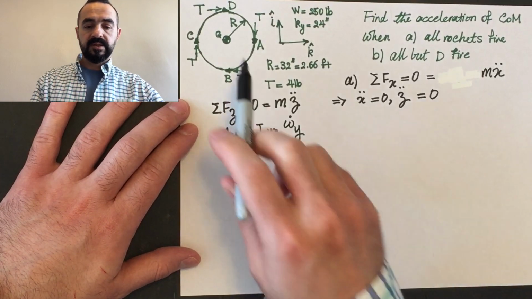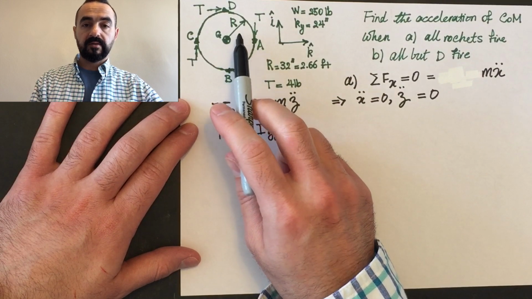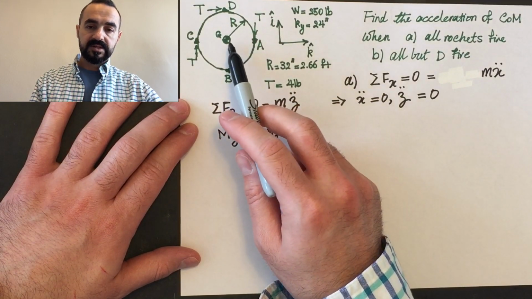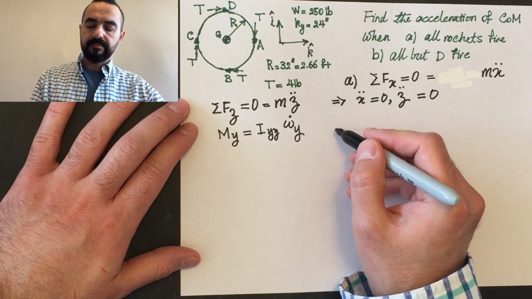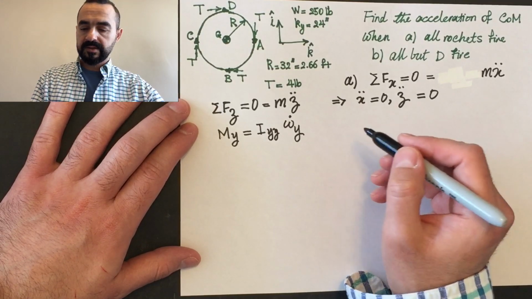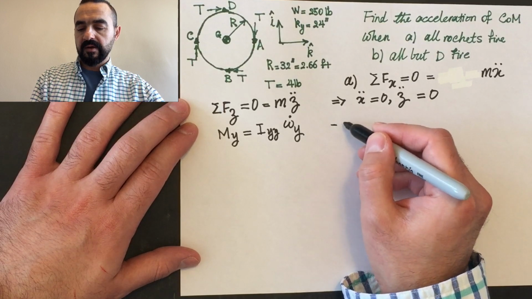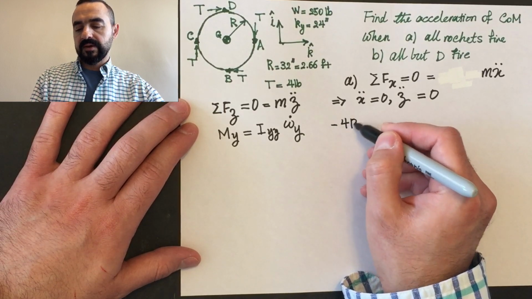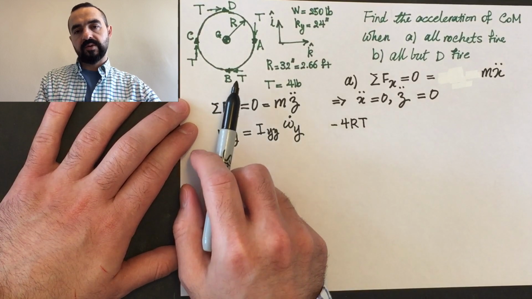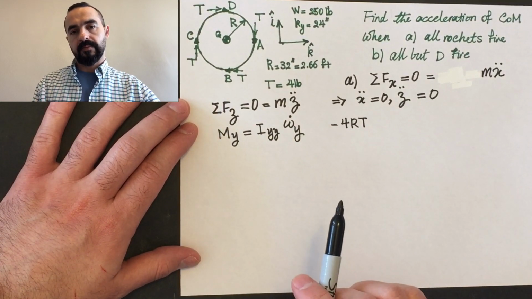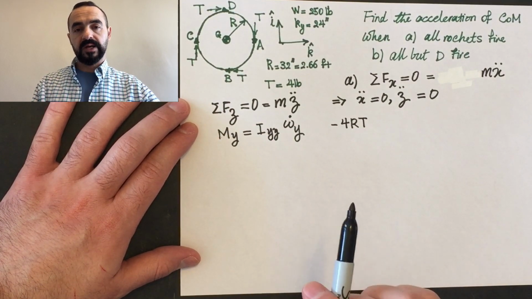In this case, that's equal to the radius of this satellite. So the sum of moments is going to be minus 4rT. Each force creates a moment as big as rT.